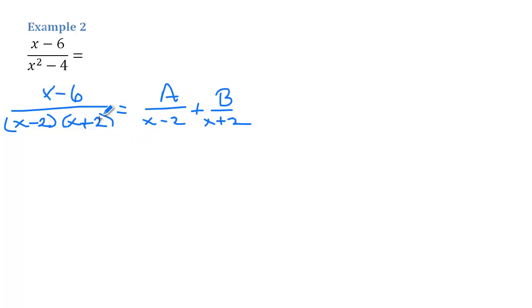So when we want to clear out the fractions, we're going to multiply by the common denominator, the least common multiple, x minus 2 times x plus 2, and we'll get x minus 6 on the left-hand side. And if we multiply A by x minus 2 and x plus 2, the x minus 2's cancel, we'll get A times x plus 2, and B times the x minus 2.